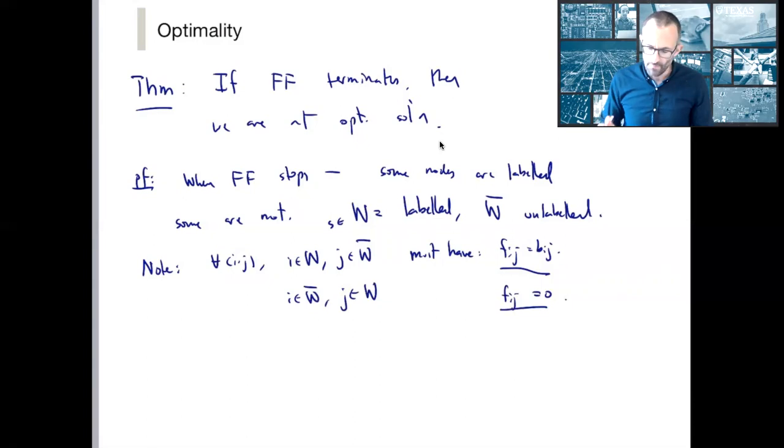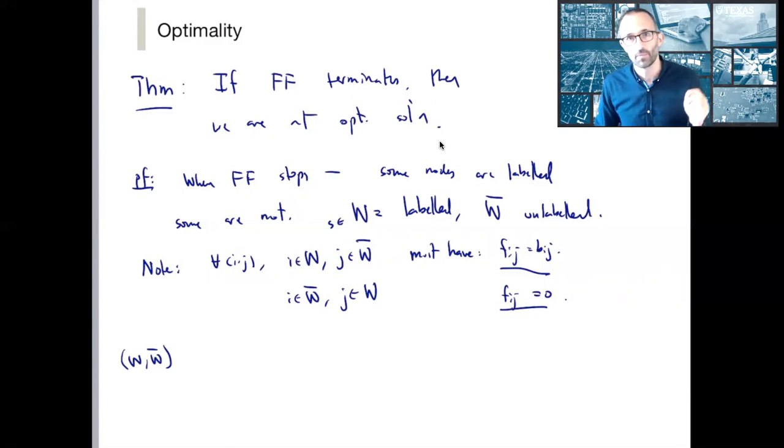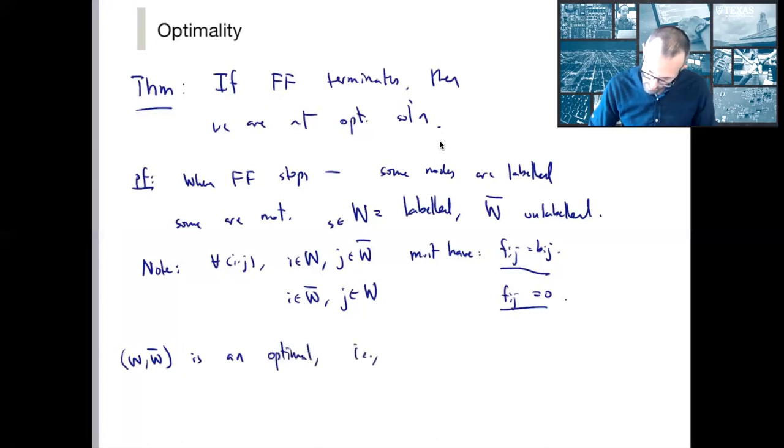So that means that not only is W bar a cut, of course it's a cut, any subset and its complement forms a cut, but it is a cut that satisfies complementary slackness with F. Therefore, it must be optimal. So it is an optimal cut, in other words, a min cut.